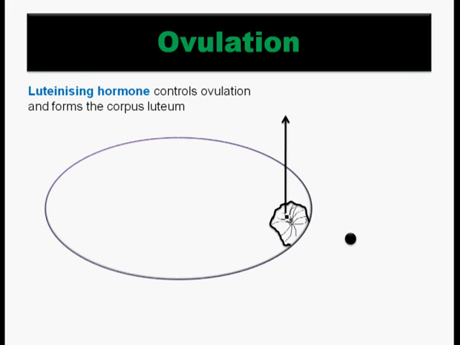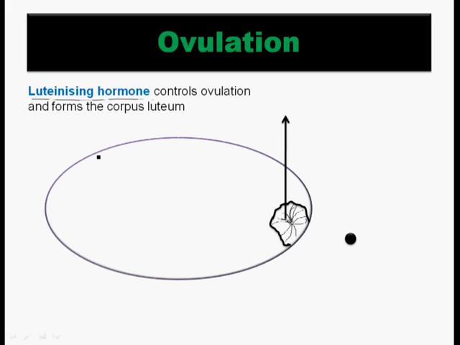So this region here is controlled by the luteinizing hormone, and of course the release of the egg is also controlled by the same hormone, and the release of the egg is called ovulation. And that's it. Simple as that. Good. So this activity takes place only once per month.